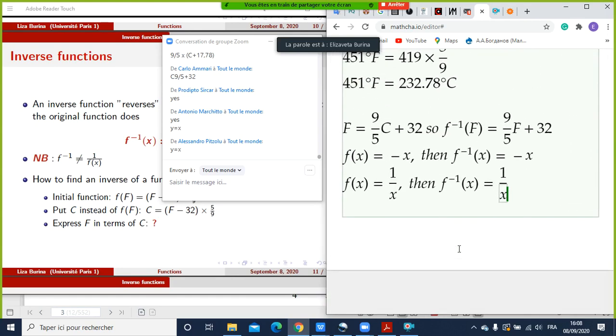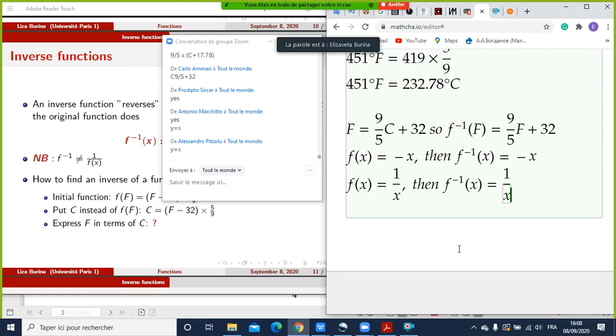That was the first question. Now the second question. Does any function have an inverse? So can I find, using my method that I wrote down on the slide, an inverse of any function? Any existing function with real numbers?